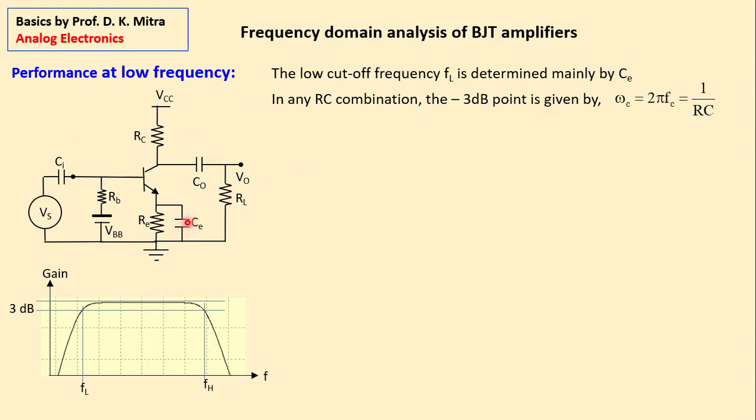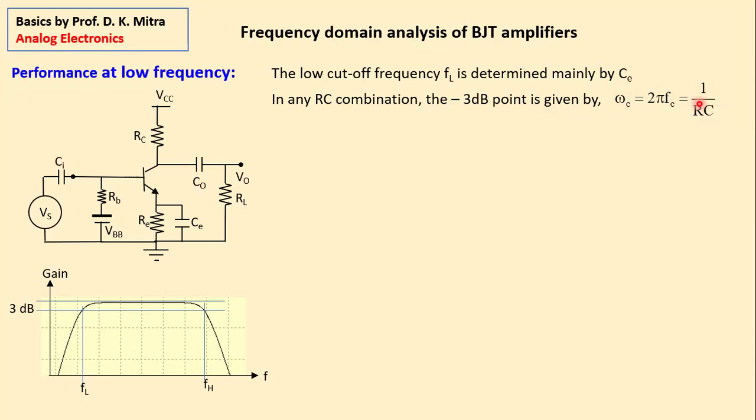And also, I think you have learned in your school also, that in any RC circuit, the minus 3 dB point is given by omega C, that means omega cutoff, which is equal to 2 pi FC, is 1 by RC. I do not want to repeat that simple arithmetic once again. We take it that 2 pi fc is equal to 1 by RC.